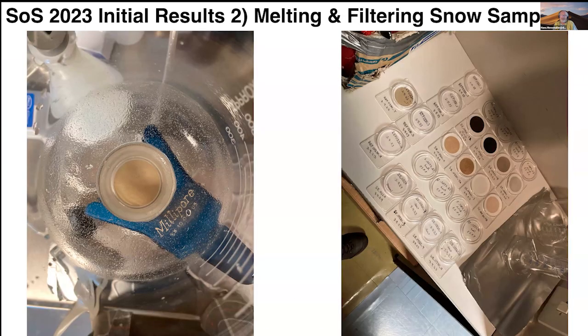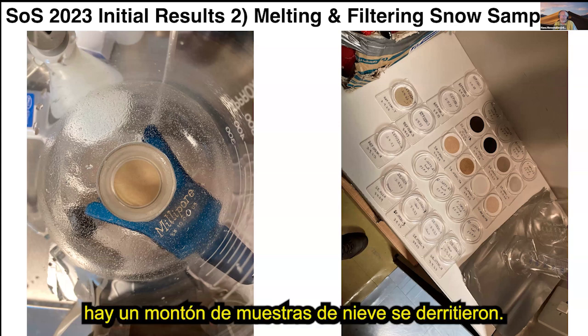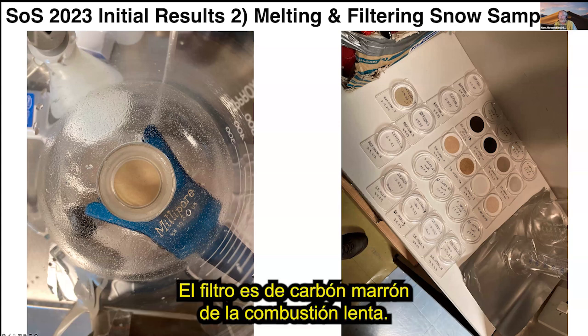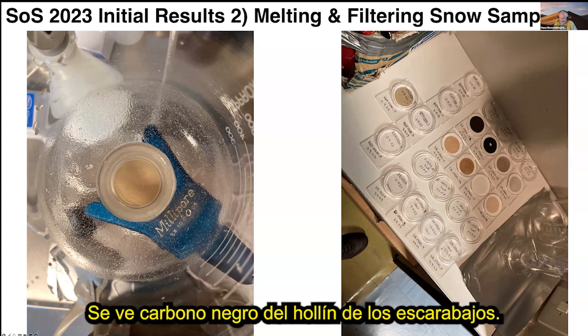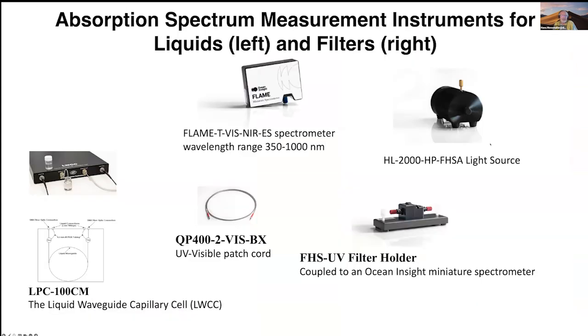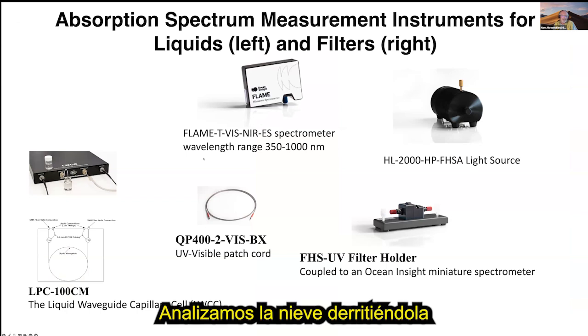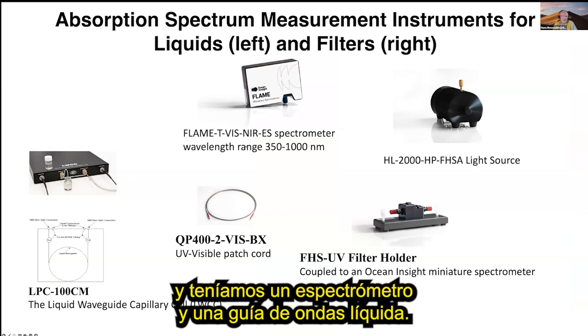And then a lot of snow samples were melted and filtered. Here you see brown carbon from smoldering combustion. You see black carbon from diesel soot. We analyzed the snow by melting it, and we had a spectrometer and a liquid waveguide.